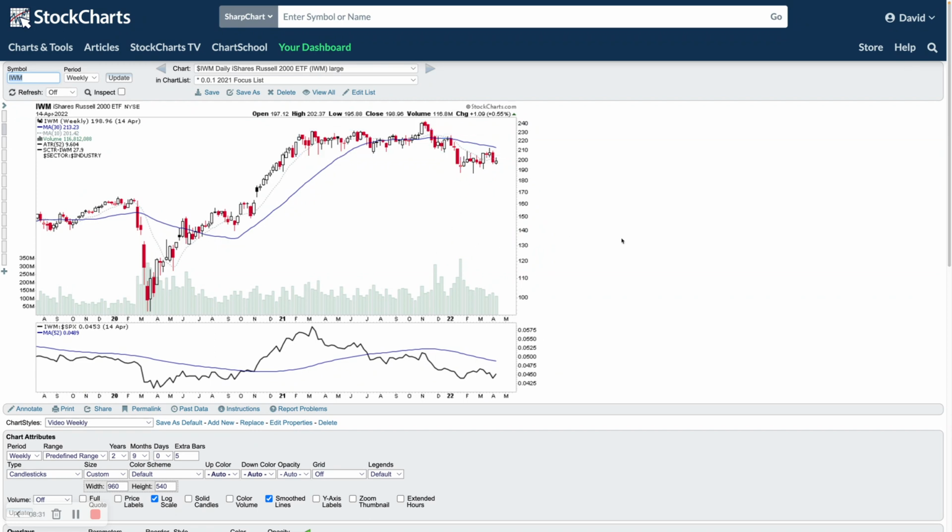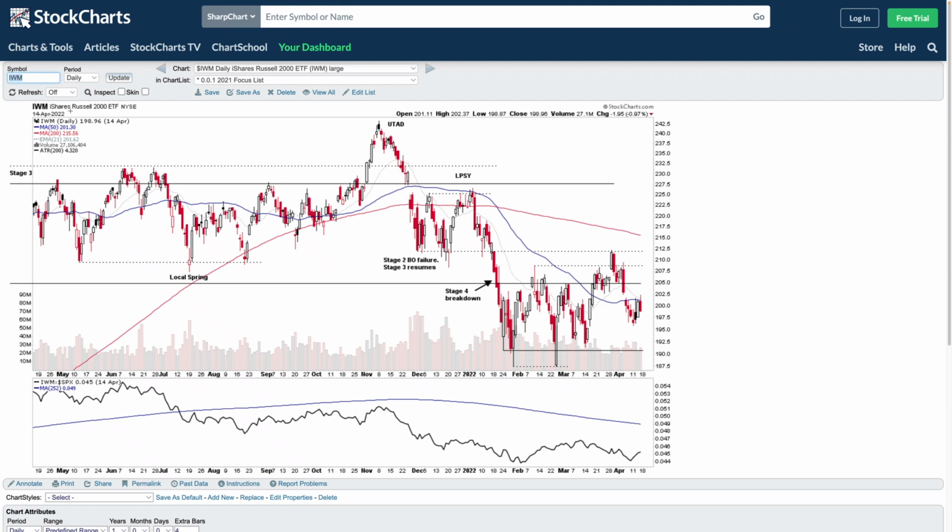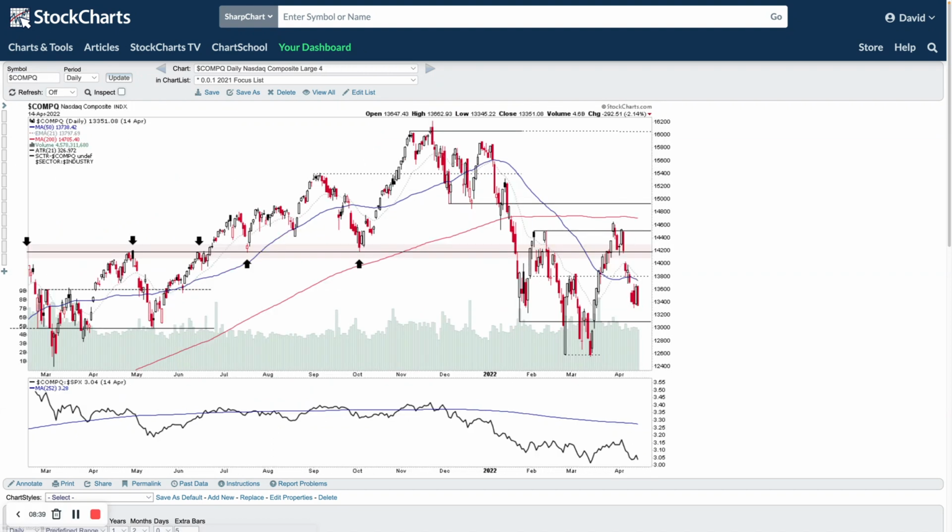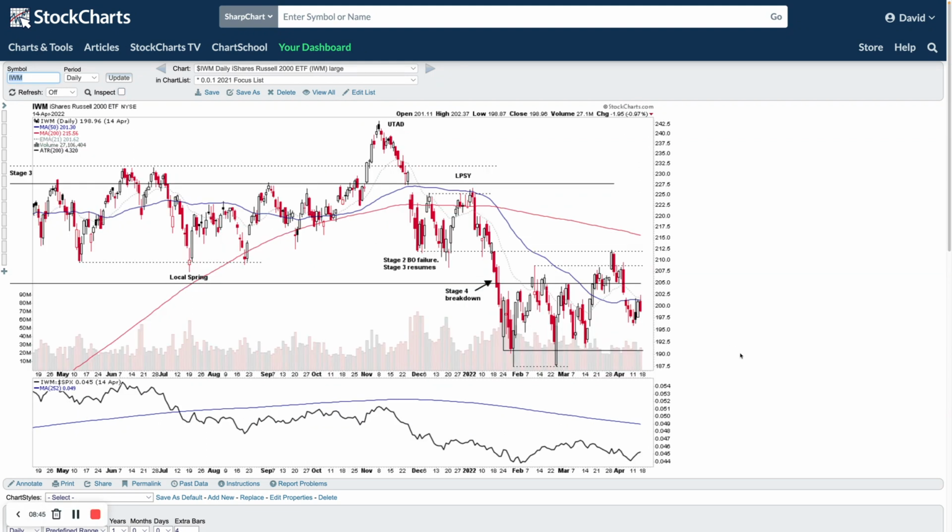So Russell continues to look weak, but it has firmed up a little bit and made a higher low of late. So relative to the Nasdaq Composite, it's looking reasonable, but still one of the weaker areas of the market.